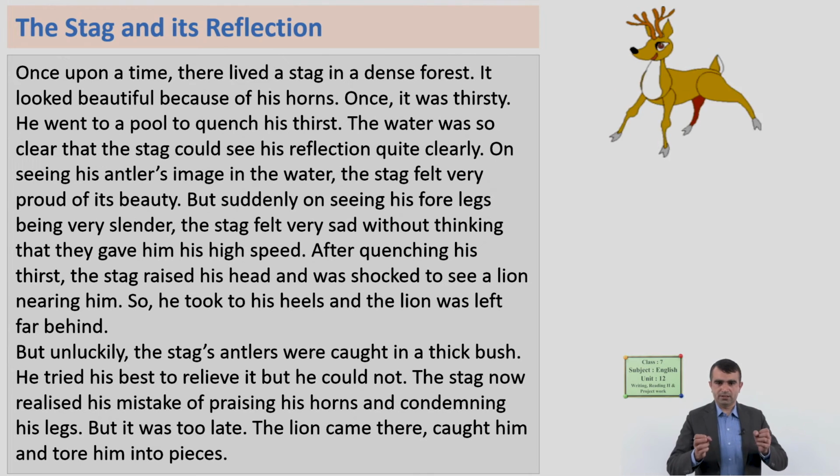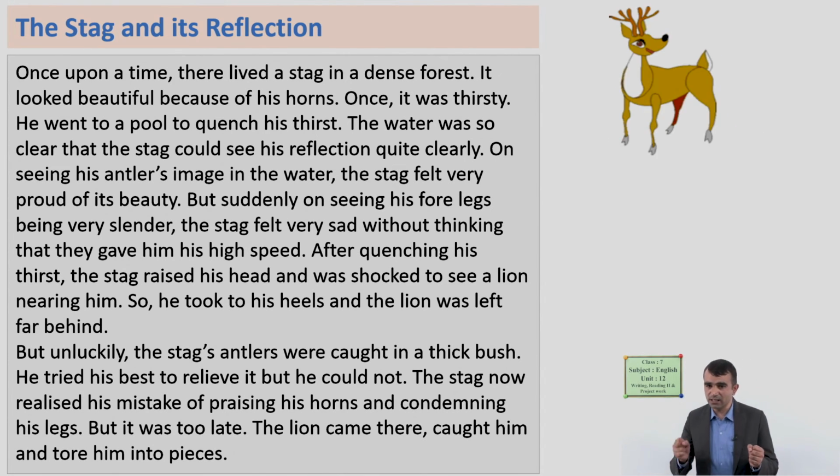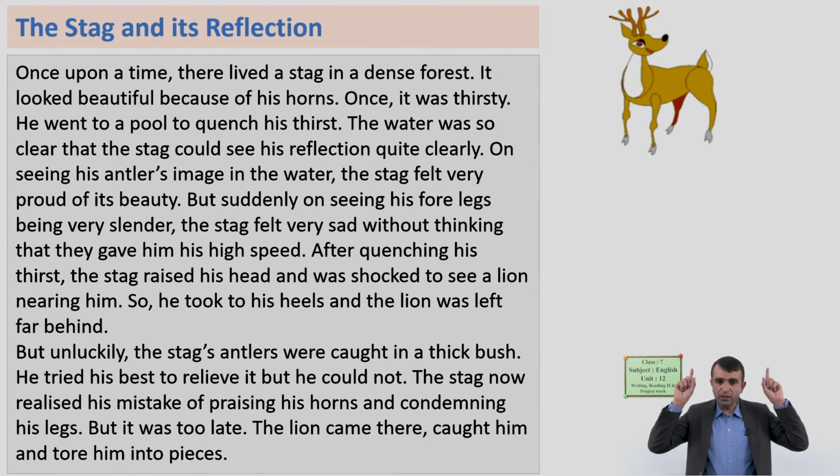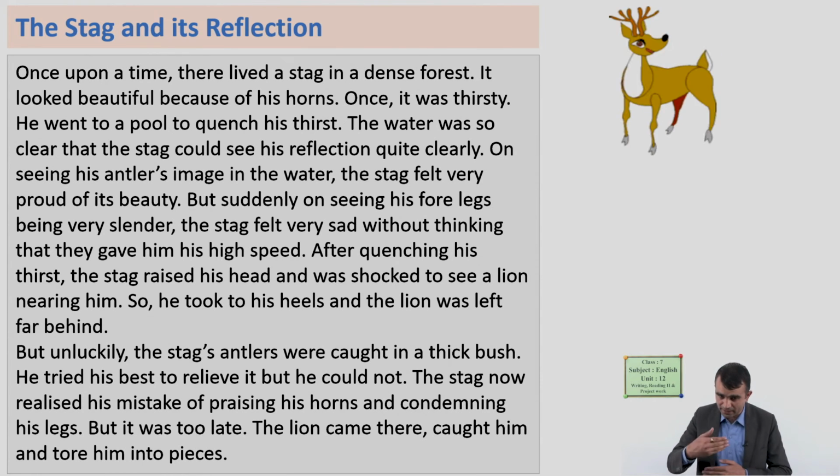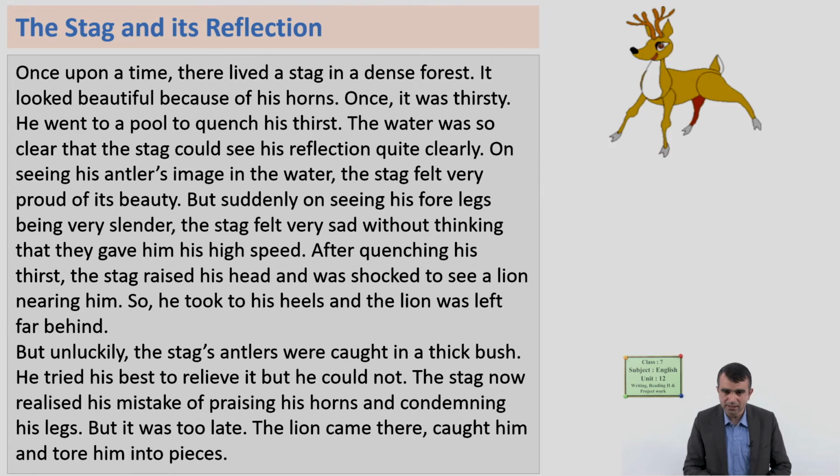Let's do it quickly. Once upon a time there lived a stag in a dense forest. It looked beautiful because of its horns. Once it was thirsty. It went to a pool to quench its thirst. The water was so clear that the stag could see his reflection quite clearly. On seeing his antlers' image in the water, the stag felt very proud of its beauty.